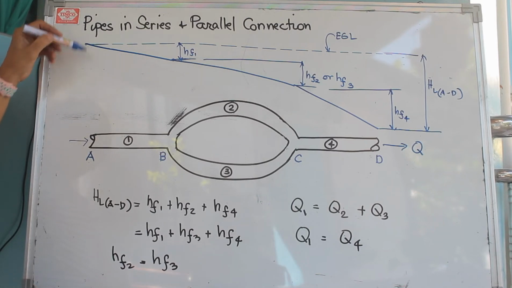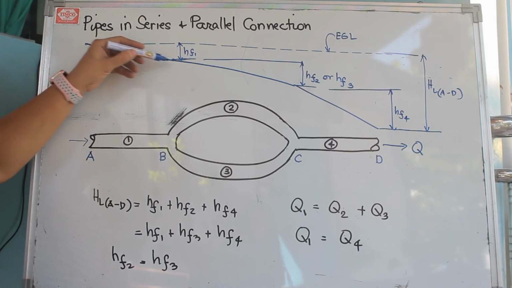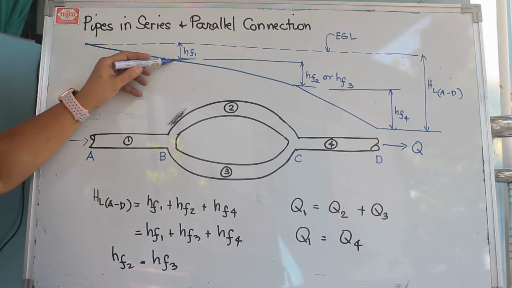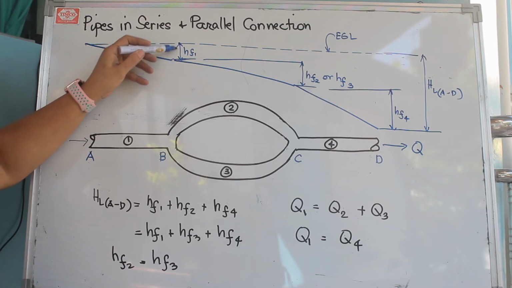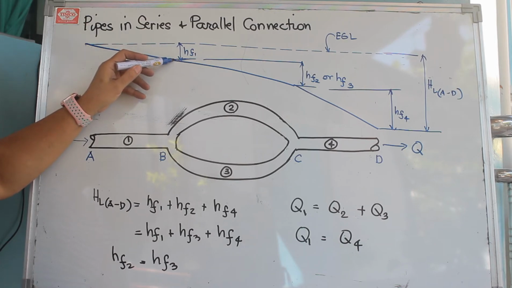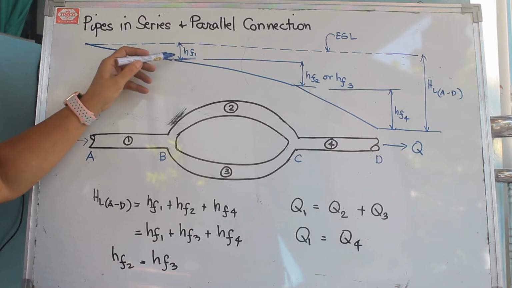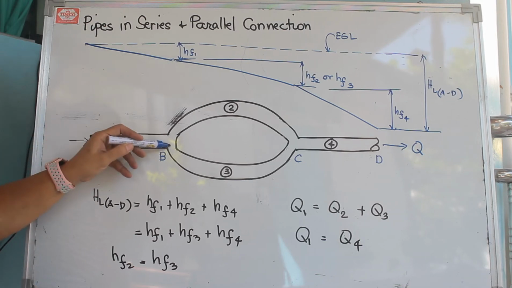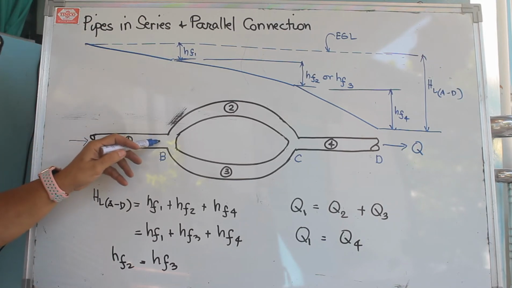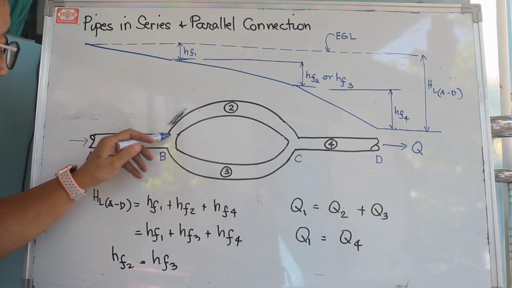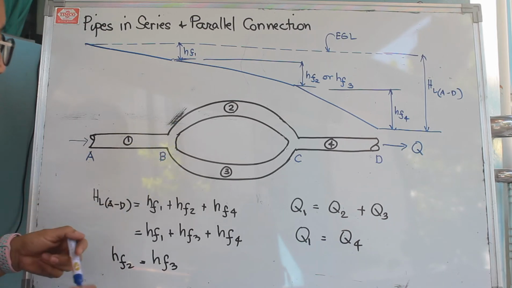As the fluid travels from A papunta sa B, nag-uubos na siya o gumagamit na siya ng energy. So there is a vertical drop in the energy of the fluid corresponding to a friction loss HF1. Okay? And then, ito ay nagkaroon ng division of flow. May nagpunta sa pipe 2, may nagpunta sa pipe 3.